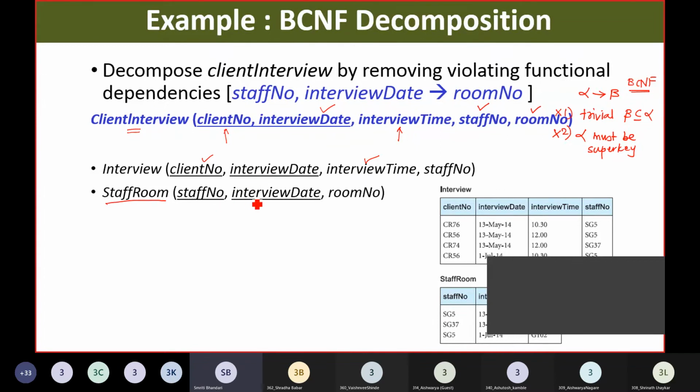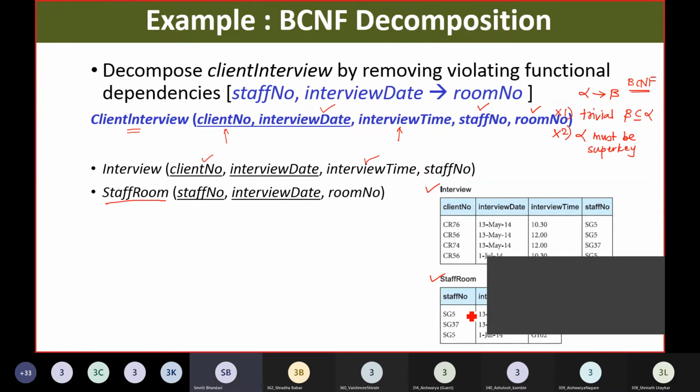So staff number, interview date should also be present in this interview relation. So my interview relation will have 4 attributes: client number, interview date, interview time and staff number. So now after decomposition, our client interview relation is decomposed into interview and staff room. Interview relation will have 4 attributes and staff room will have 3 attributes.